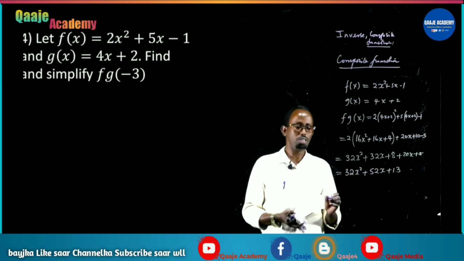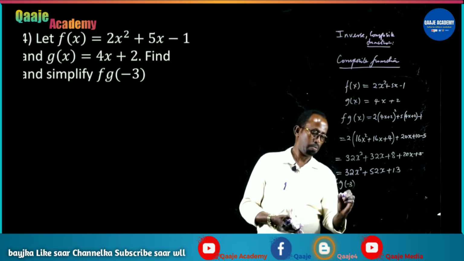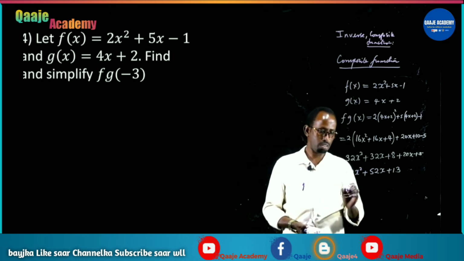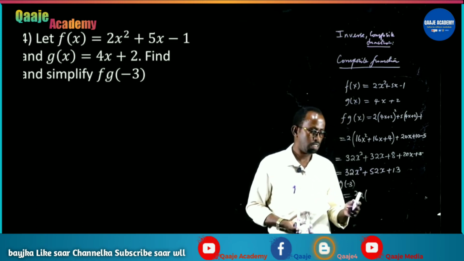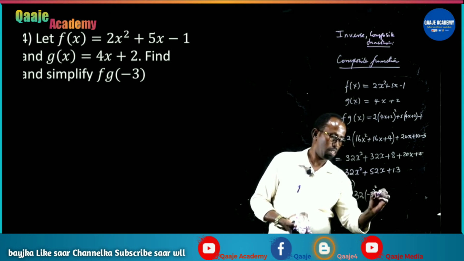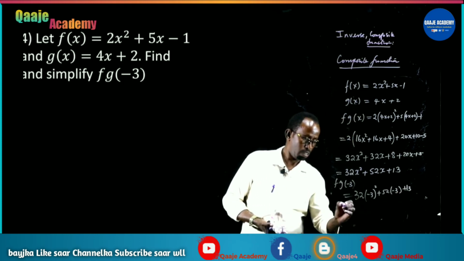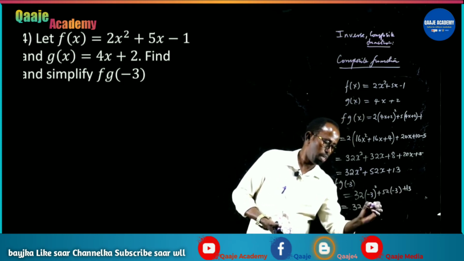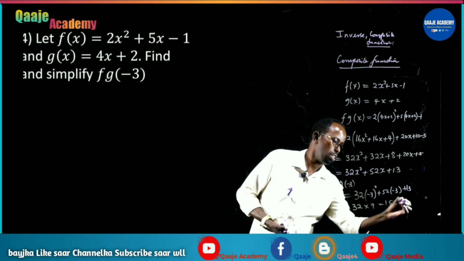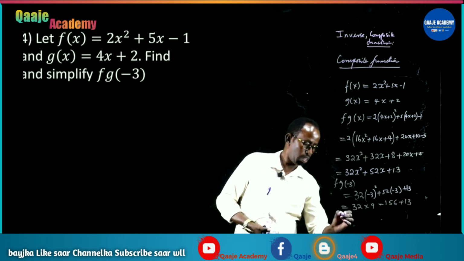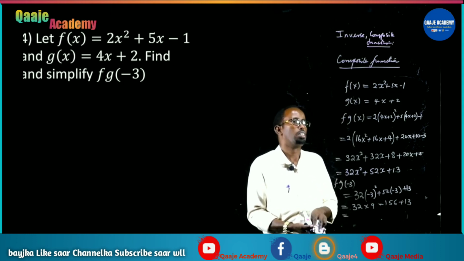And then we are told to substitute in fg of 3, negative 3 I mean. What you do now is you just substitute x with minus 3: 32 times minus 3 in brackets squared, plus 52 times minus 3, then plus 13. This will be 32 multiplied by 9, plus this will be negative 156, plus 13.